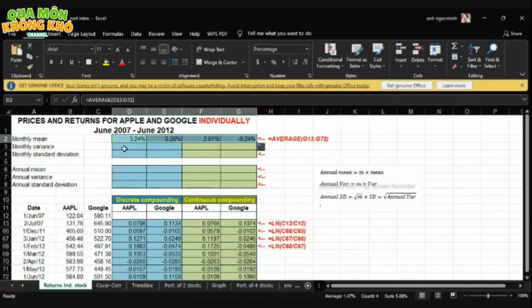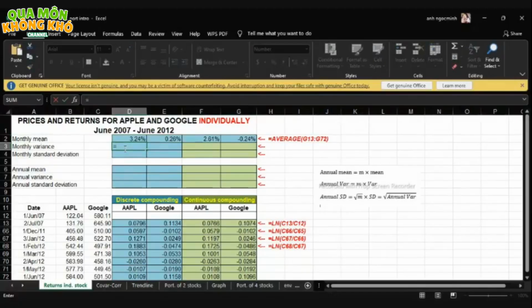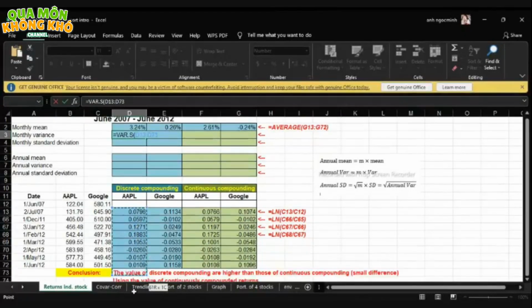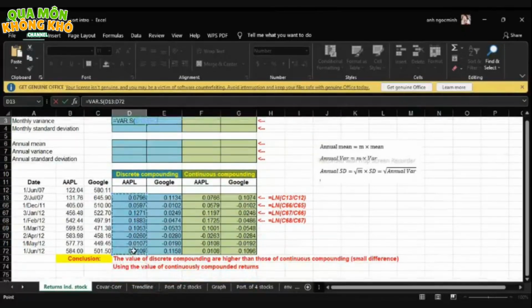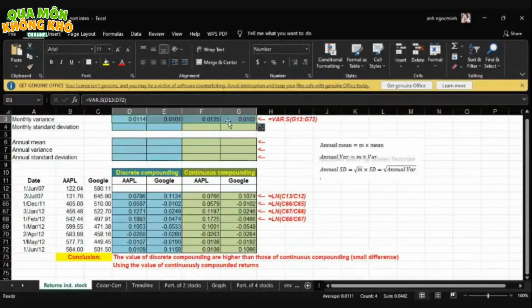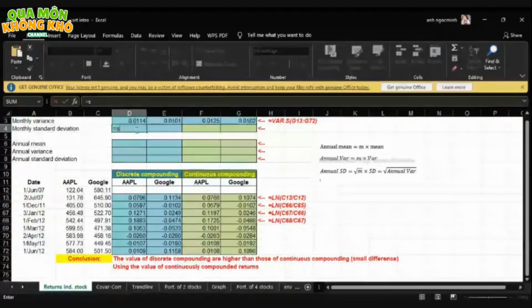For the variance, we take the sample variance, and the last is the sample standard deviation.